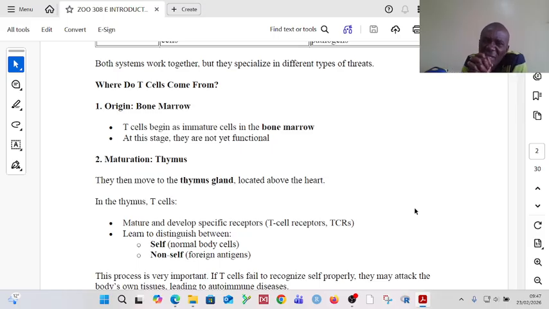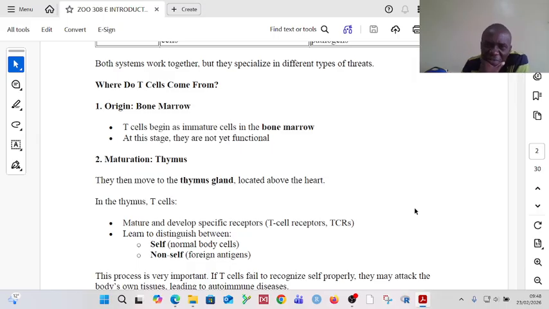Another thing that happens within the thymus gland for the T cells is they learn how to distinguish between the normal body cells and the foreign antigens. So they learn to distinguish between self and non-self.